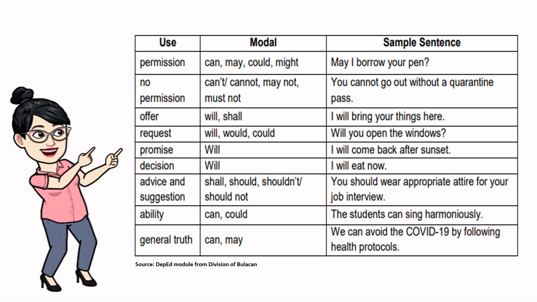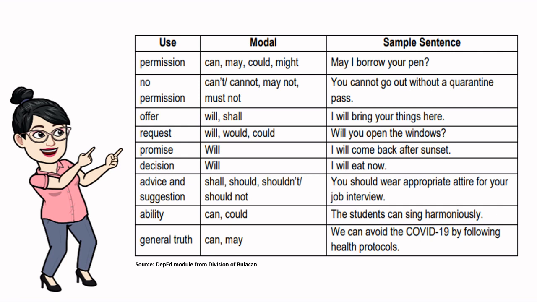Here are other examples including their functions in sentences. Use, permission. Modal, can, may, could, might. Sample sentence. May I borrow your pen? No permission. Can't, cannot. May not, must not. You cannot go out without a quarantine pass.